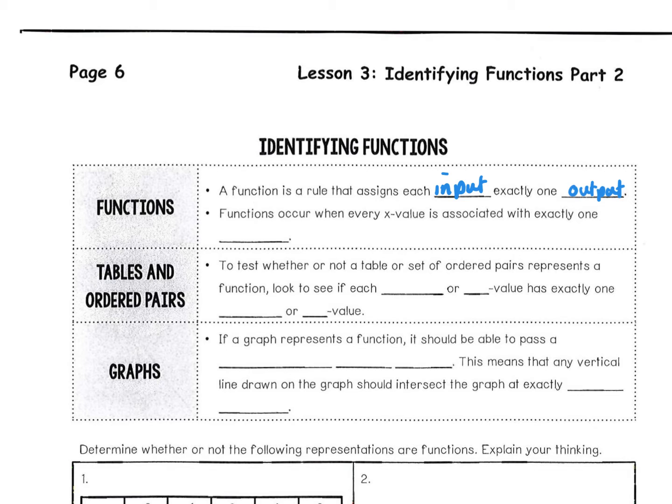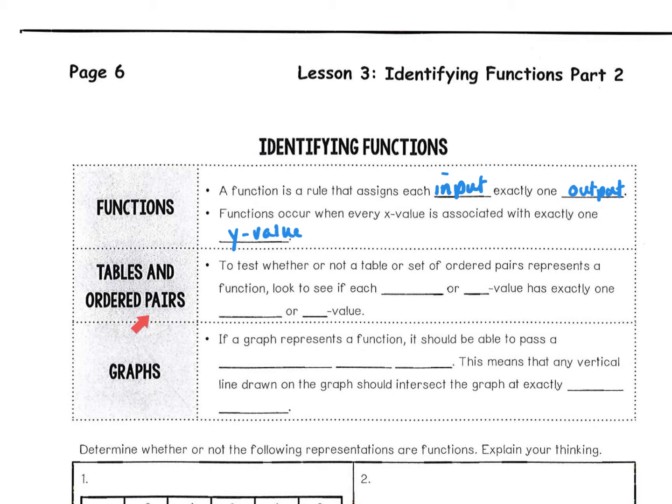We could have 3 paired with 5 as the output, but we couldn't turn around and use 3 again and pair it with 6. Functions occur when every x value is associated with exactly one y value. So two different ways to say the same thing.